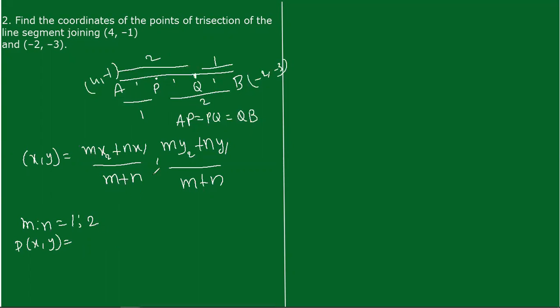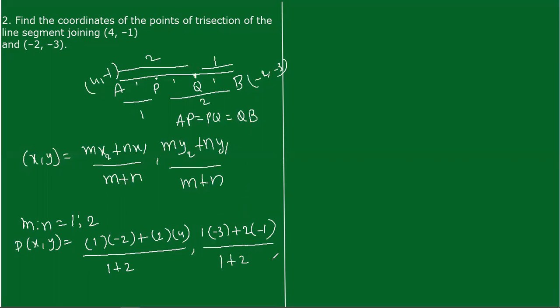mx2: m value is 1 and x2 value is -2, plus n value is 2 and x1 value is 4, by 1 plus 2. Next, my2: m value is 1 and y2 is -3, plus n value is 2 and y1 value is -1, by 1 plus 2.